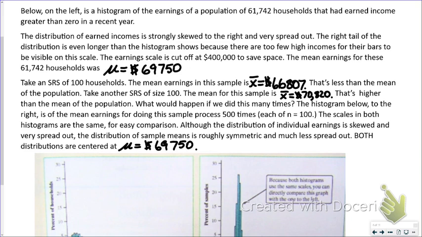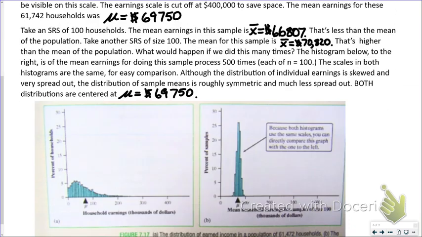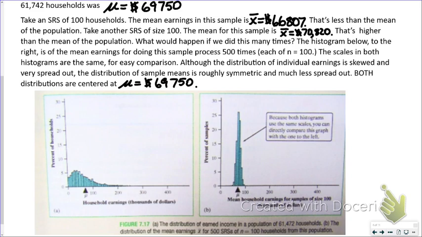The true mean of all households is 69,750, and the sample mean is different, 66,807. They do it again and get 70,820. Then they do it over and over again. This says a computer did it 500 times, and they created the graph on the right.